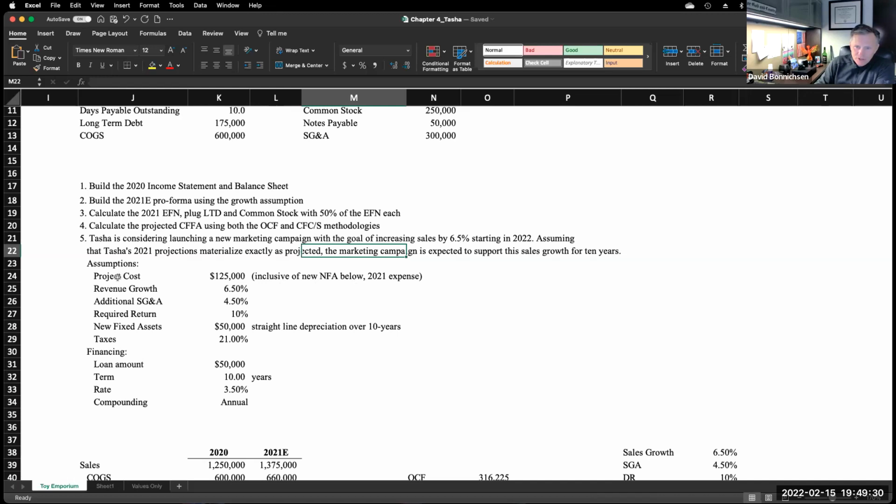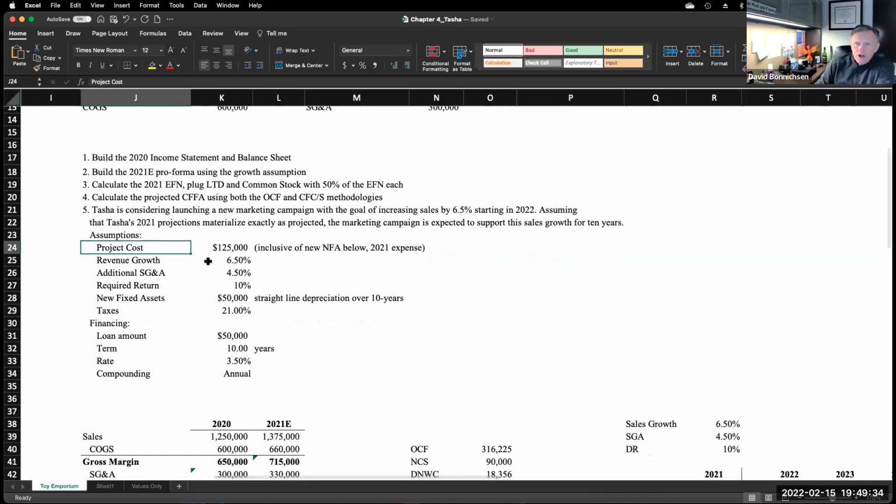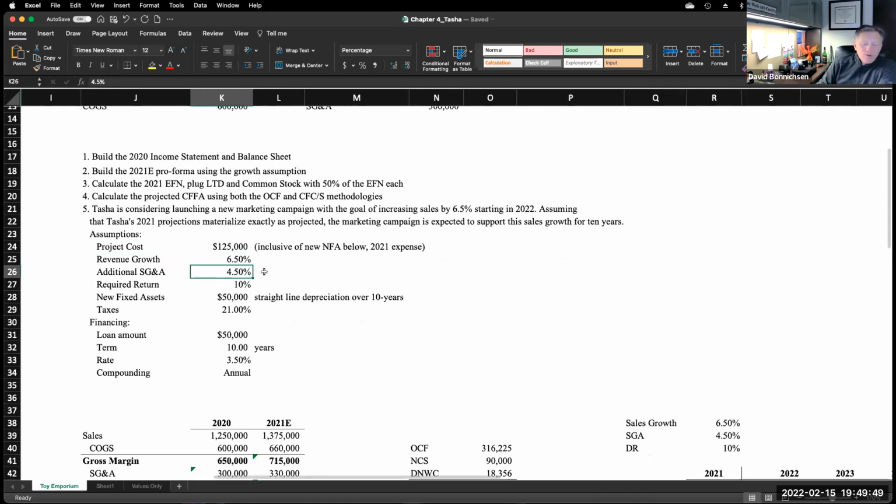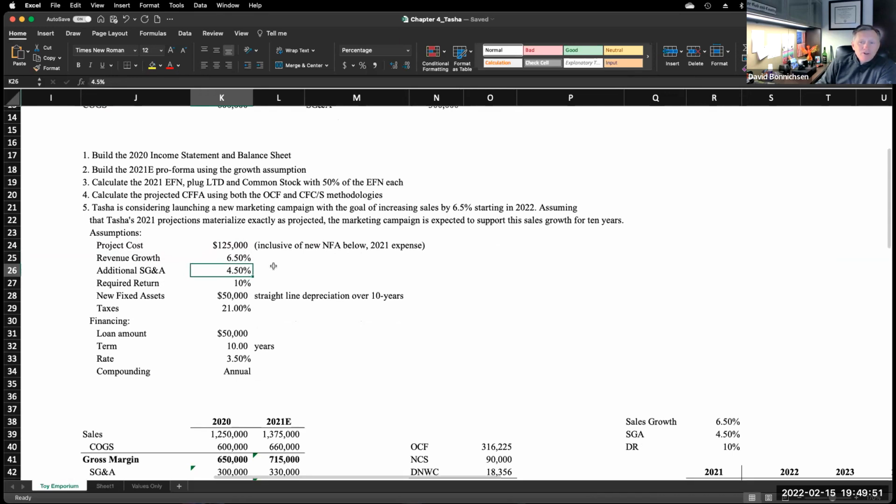And we're given some assumptions. The project is going to cost $125,000. It's going to add 6.5% to revenue. But the SG&A is only going to move up by 4.5%. All right, so the operating expenses are not going to vary at the same rate as the revenue growth is.